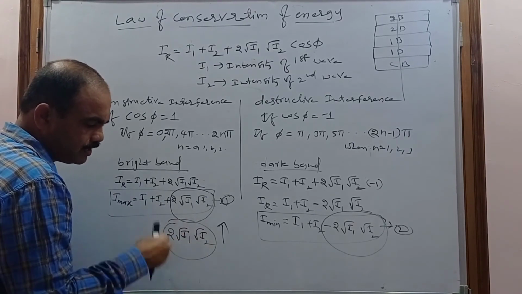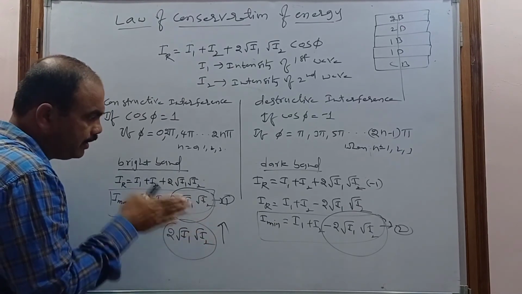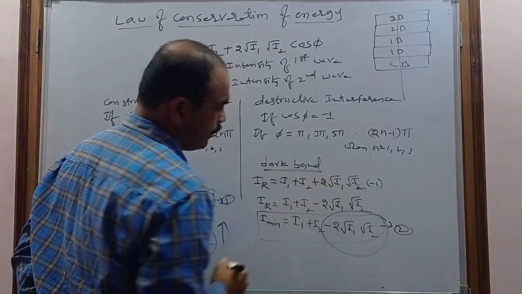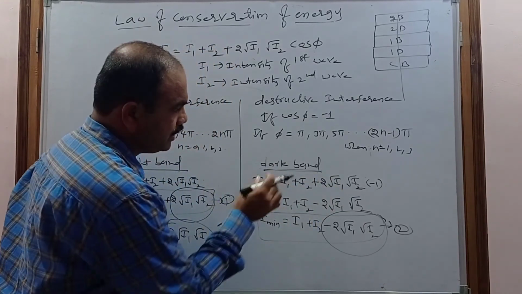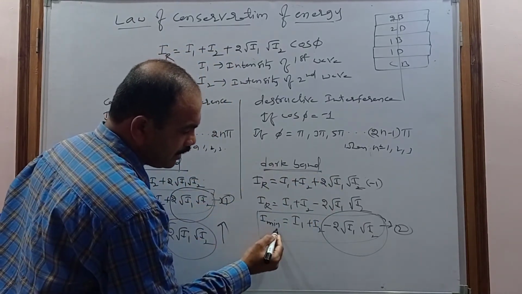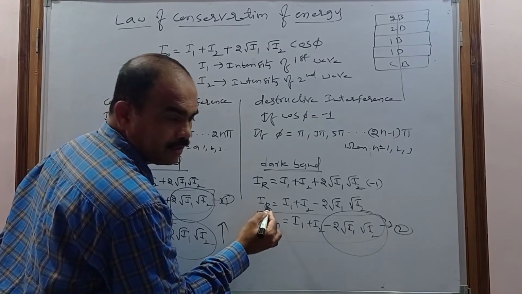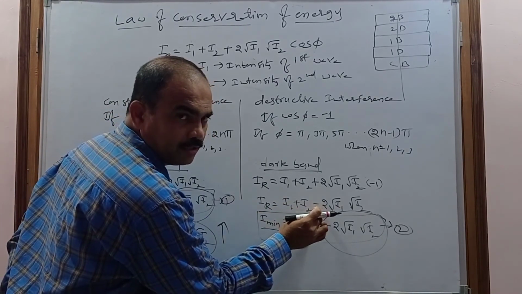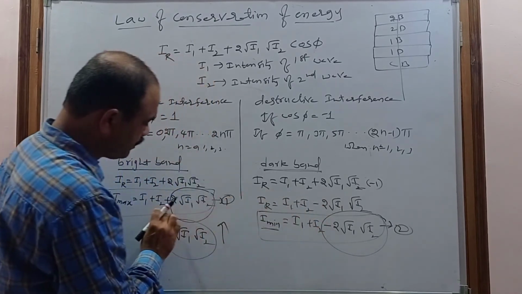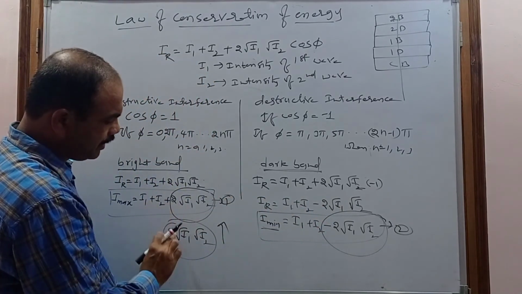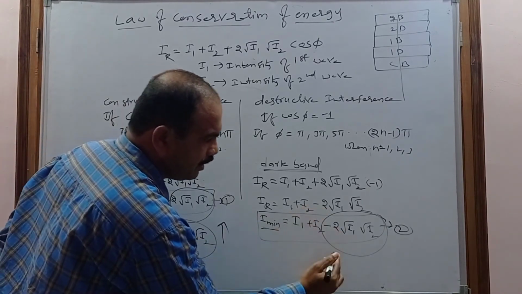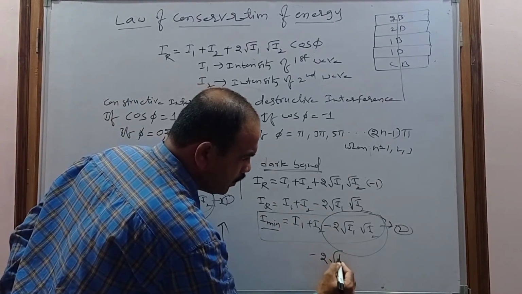This much intensity is increased in the bright band. But when the dark band is formed, the resultant intensity is decreased. Minus means decreased, plus means increased. Here it is increased by 2 root I1 I2, and here it is decreased by 2 root I1 I2.